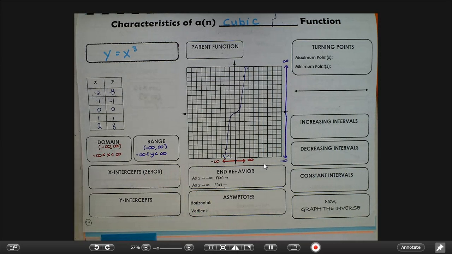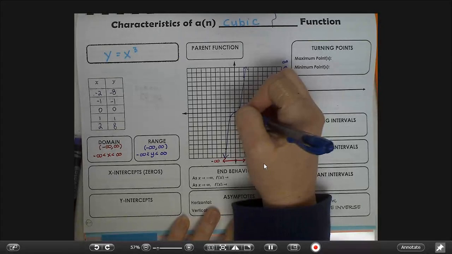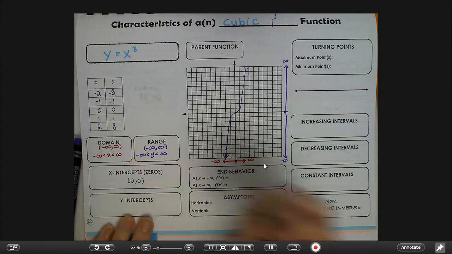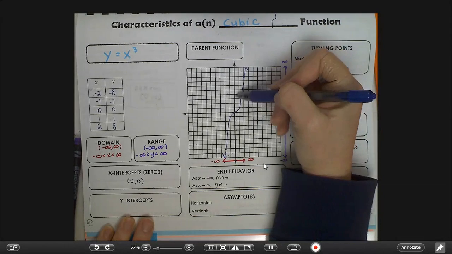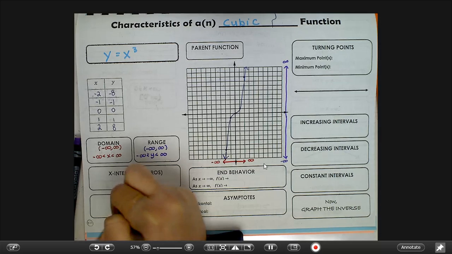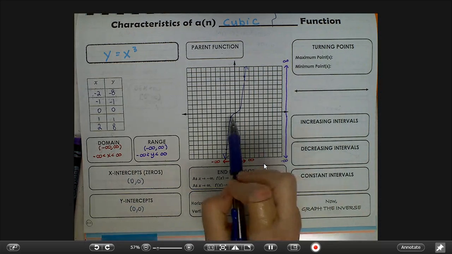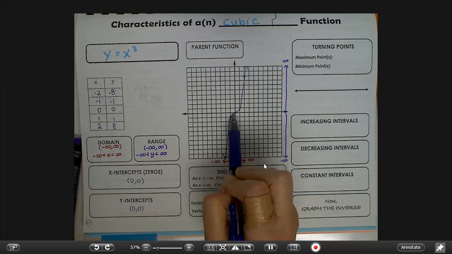The x-intercept, where does this cross the x-axis? Well, here's our x-axis, and I only see it right here. So 0, 0 is our x-intercept. Our y-intercept, or where it crosses the y-axis, again, is at 0, 0. And behavior. As x is going this way, what is happening to y?